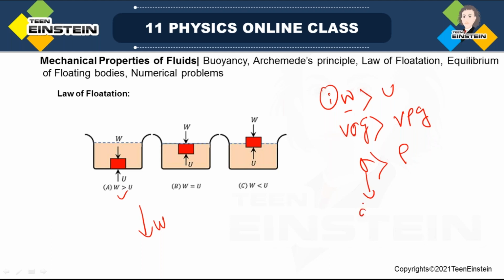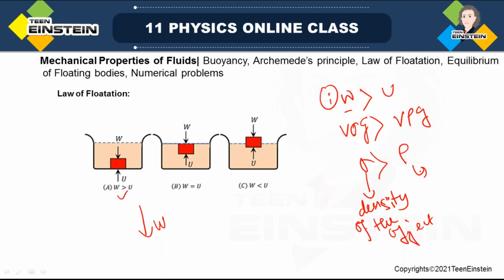Sigma is the density of the object, and rho is the density of the fluid or liquid.